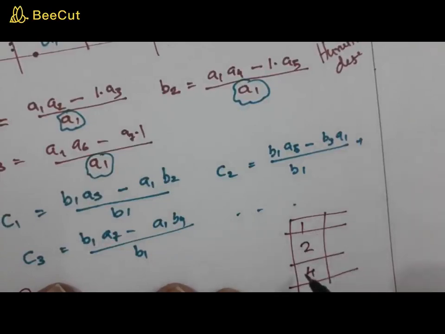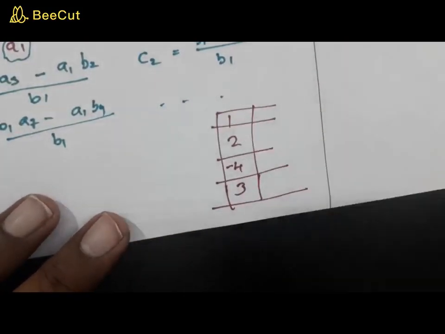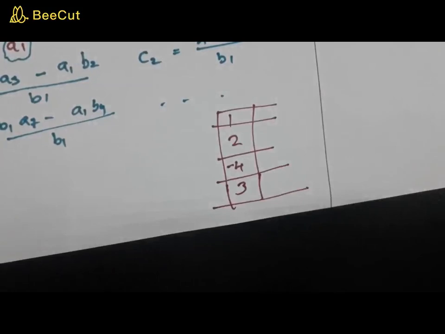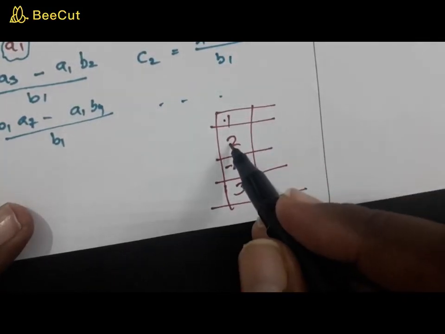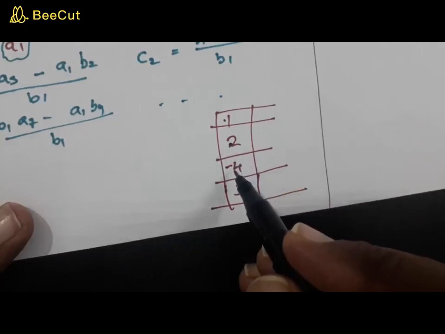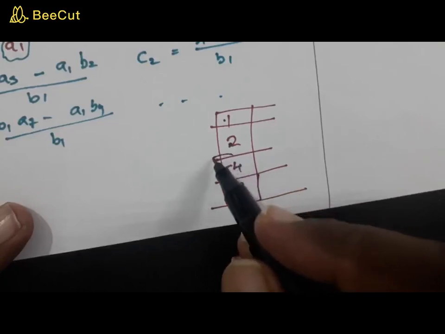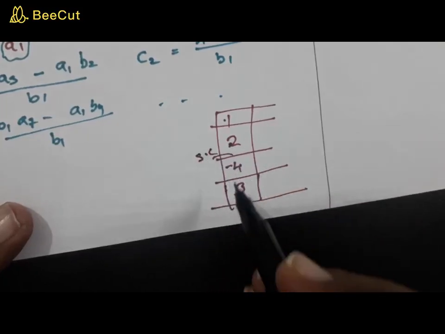Say suppose you have only 4 rows in the first column and you have got the values 1, 2, 4, minus 4, 3. This is a positive quantity, this is a positive quantity, then it becomes a negative quantity, right? So that means there is a sign change, right?